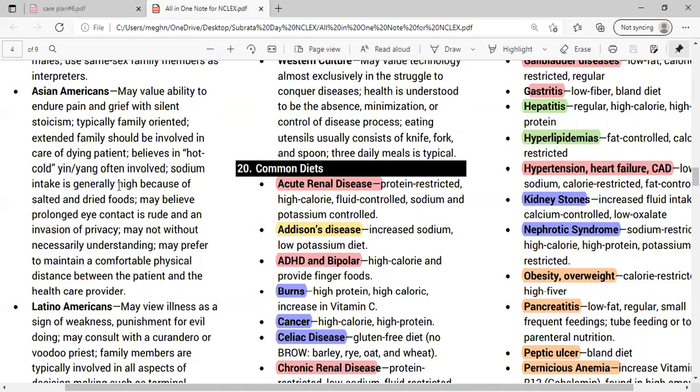Sodium intake is generally high because of salted and dried foods. They may believe prolonged eye contact is rude and an invasion of privacy, and may prefer to maintain a comfortable physical distance between patient and healthcare provider.